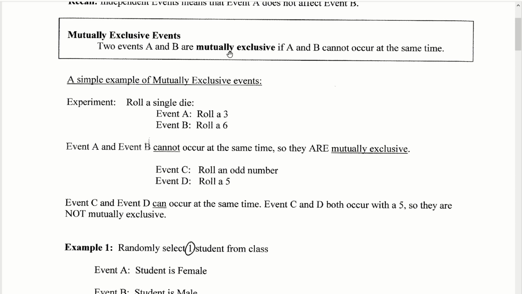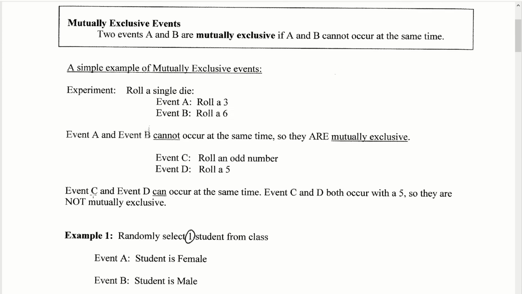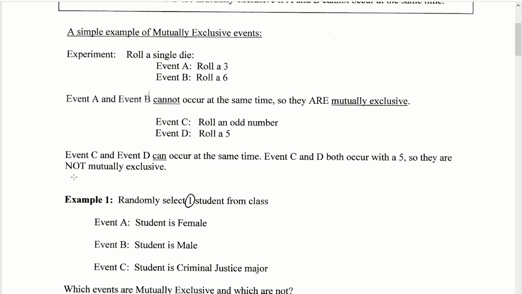Pay close attention to the definition of mutually exclusive. It's actually worded in the negative. To be mutually exclusive means that they cannot happen at the same time. And if two events can occur at the same time, we simply refer to them as being not mutually exclusive.